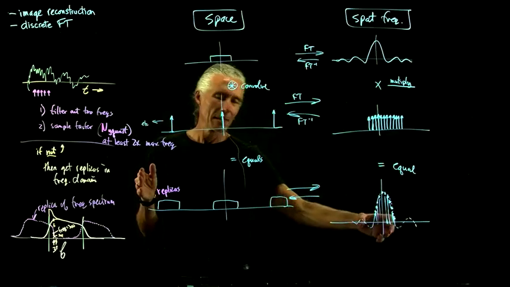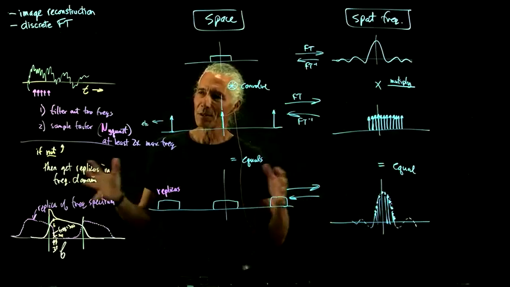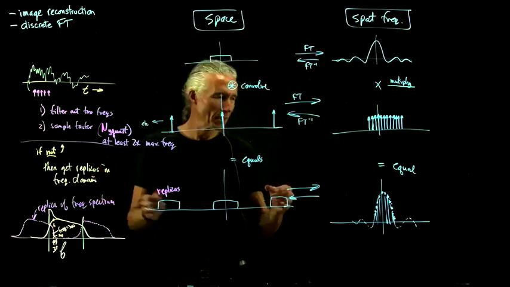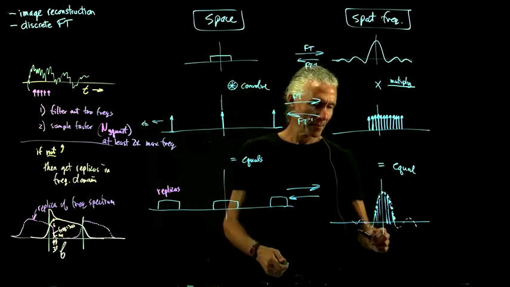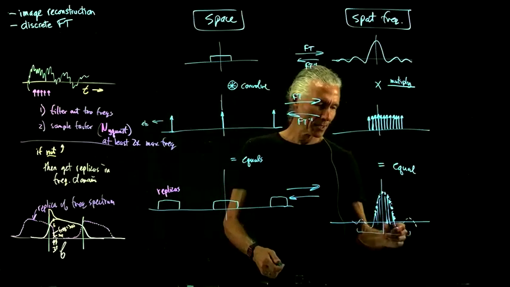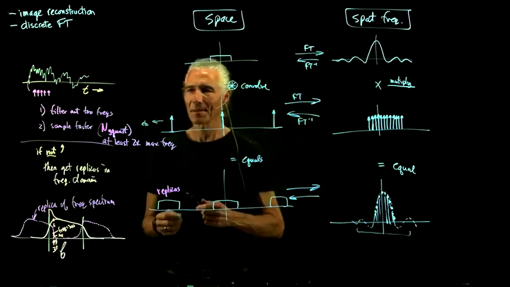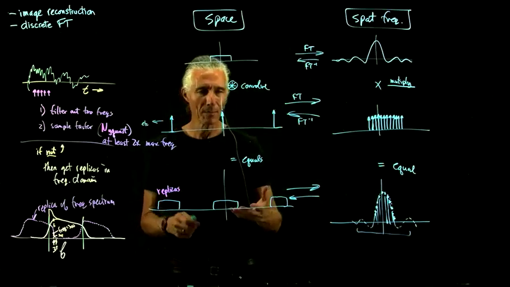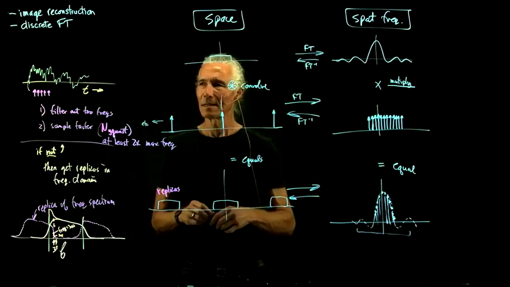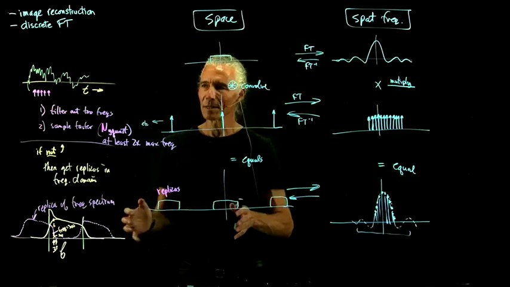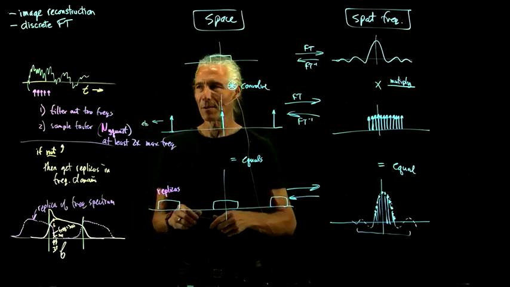In order to widen out our field of view, all we have to do is sample the same amount of spatial frequency, but just go finer. That means more data points, so we have to collect twice as many data points. That will have the effect of pushing the replicas out and stopping the wraparound.